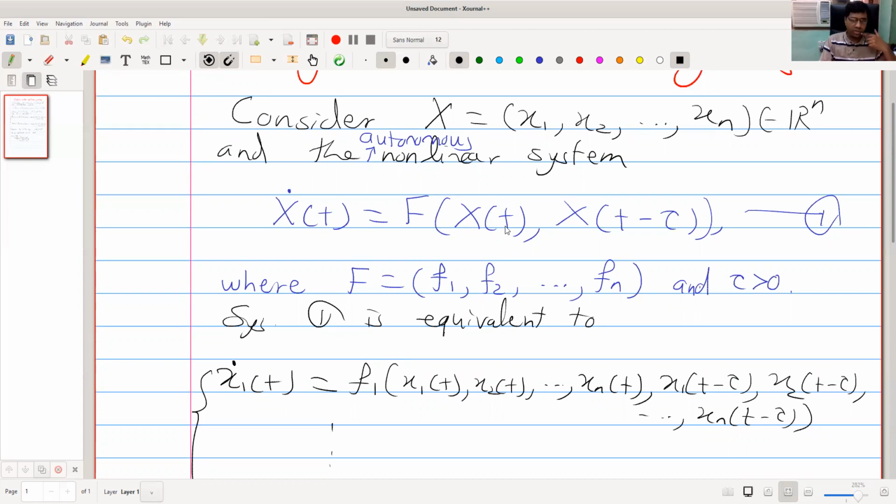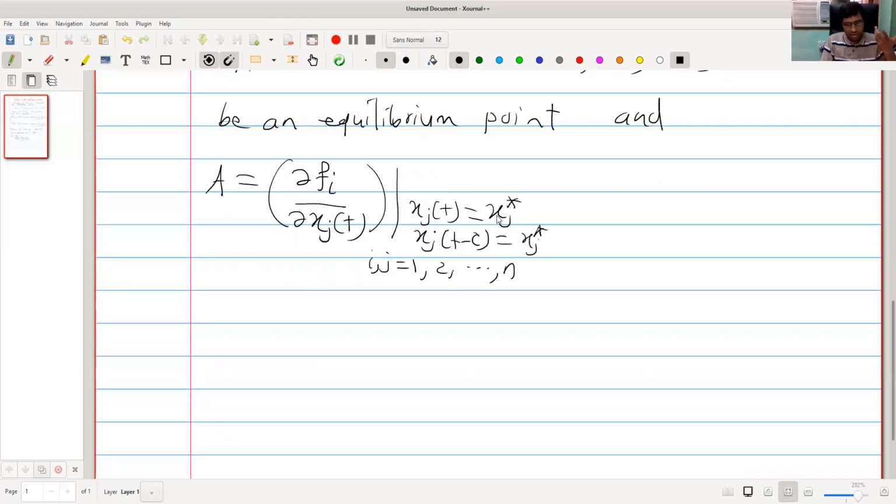We may write this as partial capital F with respect to capital X of t, evaluated at x of t is x star and x of t minus tau is also x star. It's the same as this one, the Jacobian. And we define capital B to be again a Jacobian matrix, but with respect to x of t minus tau.